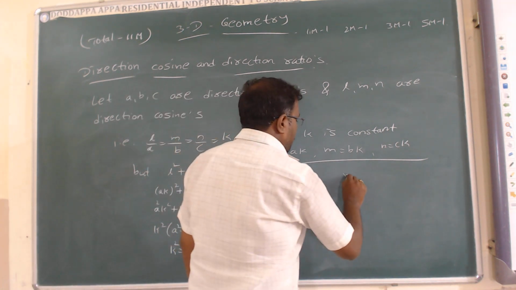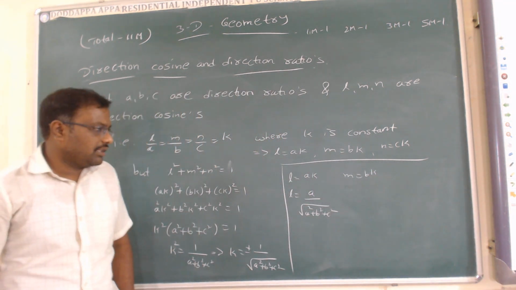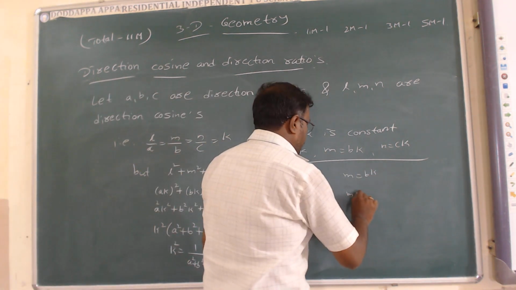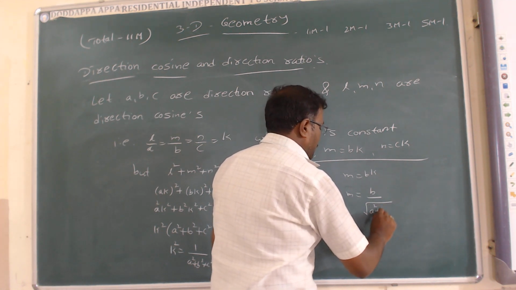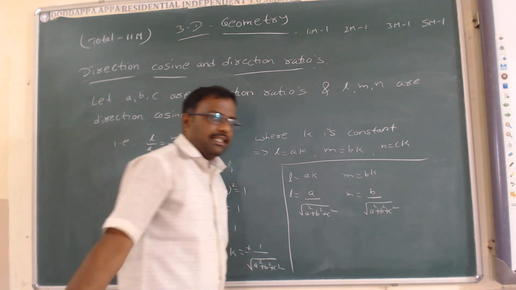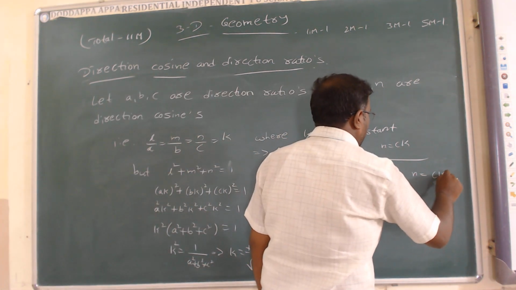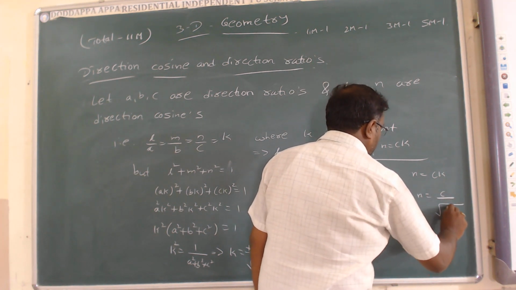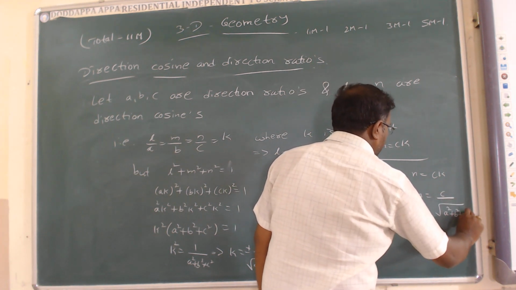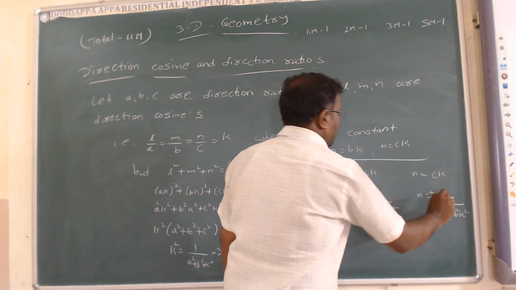Similarly, m is equal to bk, that is, m is equal to b divided by under root of a square plus b square plus c square. Next, n is equal to ck, so n is equal to c divided by under root of a square plus b square plus c square. Here we have to take plus or minus.